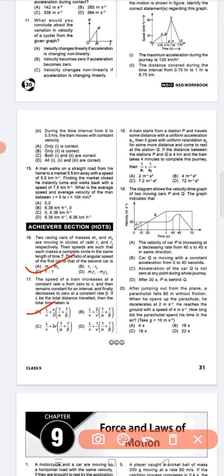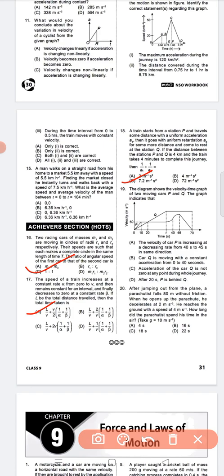Then it goes with uniform retardation A2 for some more distance and comes to rest at the station Q. If the distance between the stations P and Q is 4 km and the train takes 4 minutes to complete the journey, then 1 by A1 plus 1 by A2 equals: A, 2 meter inverse second square; B, 4 meter inverse second square; C, 7.2 meter inverse second square; D, 72 meter inverse second square. Question 18, option C is the correct answer, 7.2 meter inverse second square.